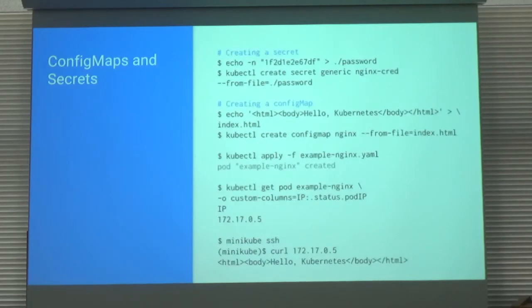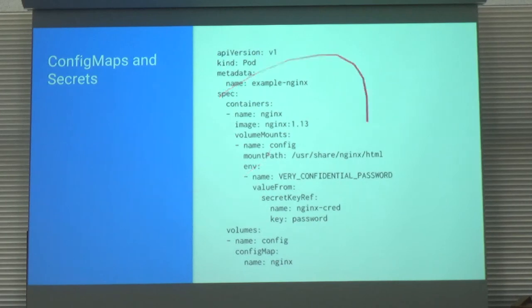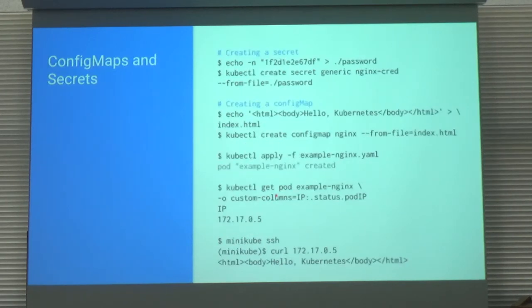And we need to create a secret and create a config map. Then create a pod, this pod. Then you can see this HTML. This HTML is stored in the config map. Okay.